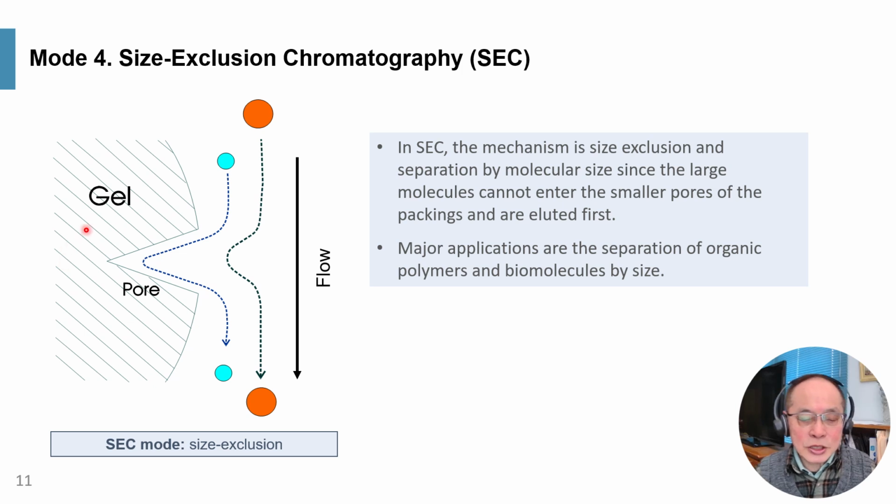Here, there's no interaction of the stationary phase with the analyte, with the exception of a process called size exclusion, where the larger molecules are eluted first because they cannot penetrate the smaller pores, while the smaller analytes in the sample elute later because they can penetrate all the pores in the support material.